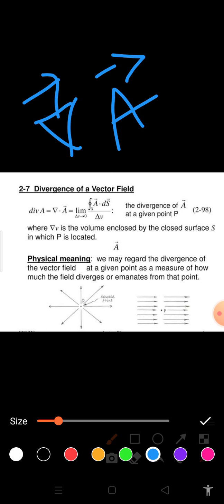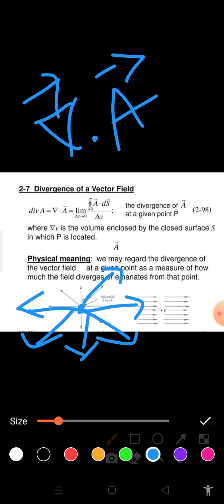The definition of the divergence of a vector field: the divergence of a vector field at any point is defined as the amount of flux per unit volume diverging from that point. See here, this is the source point. This is what the divergence is.